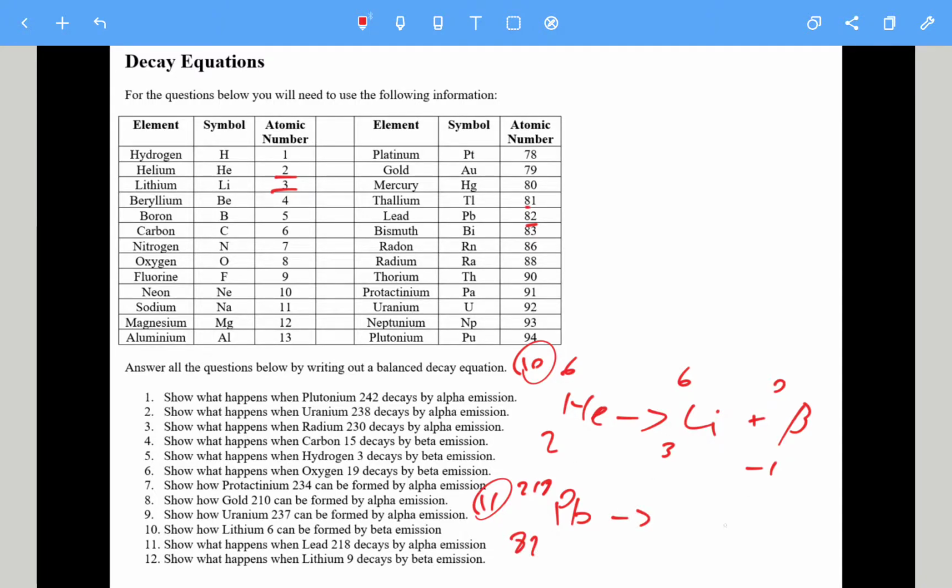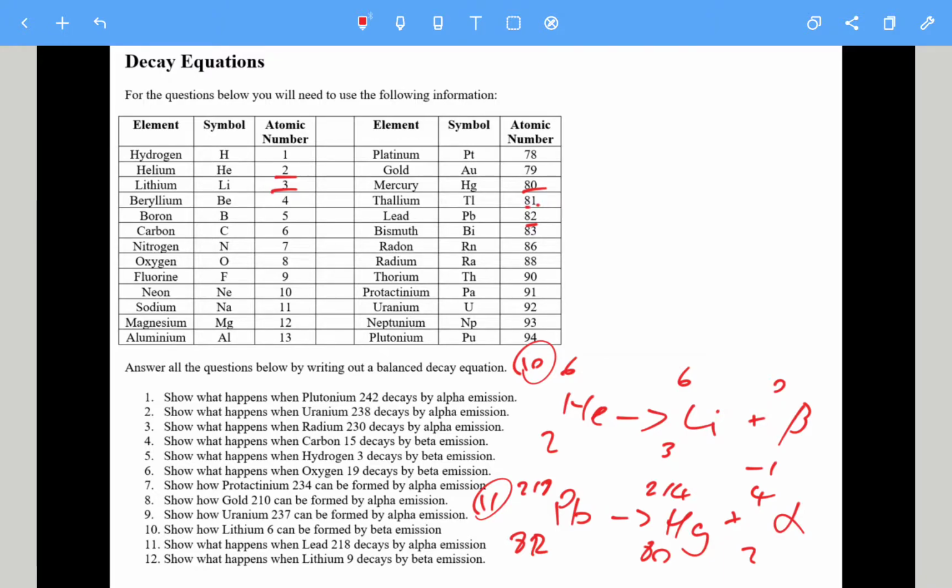It decays by alpha emission, so we've got plus alpha 4, 2, so we're back to the ones that we were doing at the beginning. So something plus 4 to give 218, so that's 214, and then something plus 2 to give 82 is 80. So what's got 80 protons? That'll be mercury, Hg. So hopefully that one went okay.